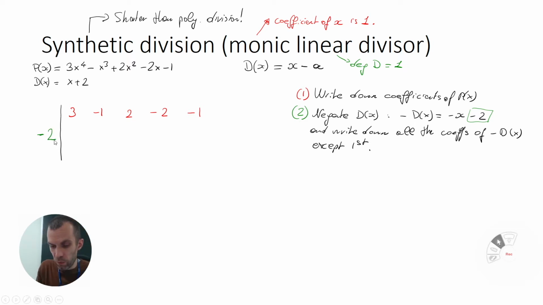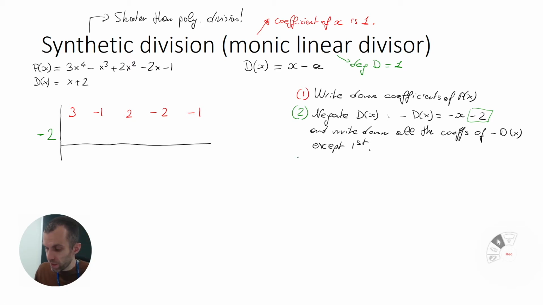You might wonder, why make it so complicated? Why not just write down minus 2 or write down a? It's because when we look at dividing by a nonlinear polynomial, we will have to write down all of the coefficients, so there's more than one. By doing things this way, we make it a bit more future-proof.